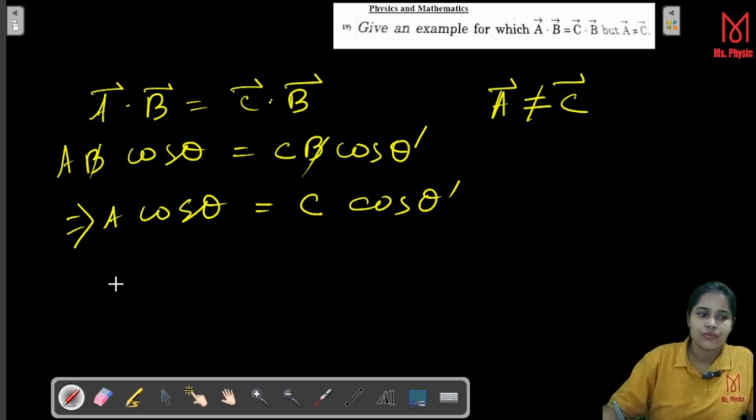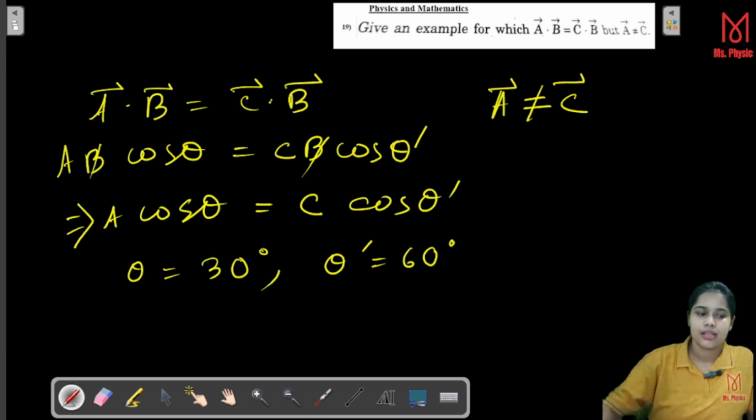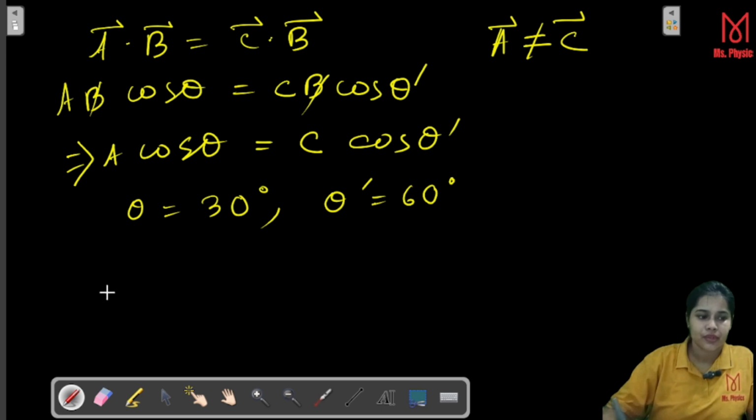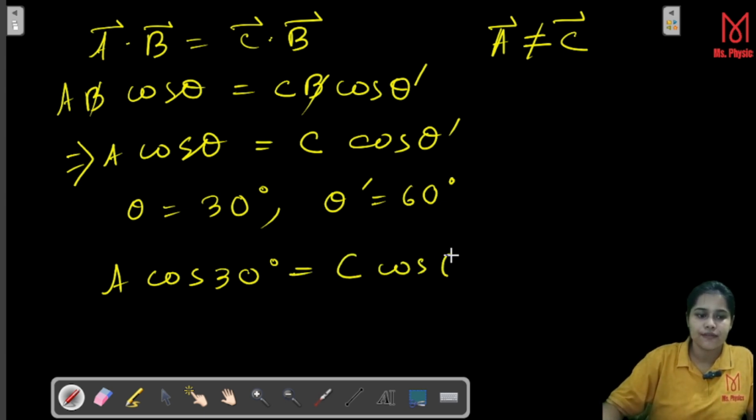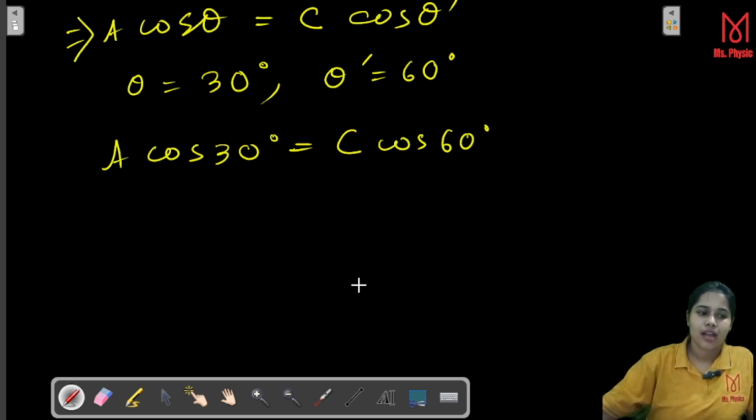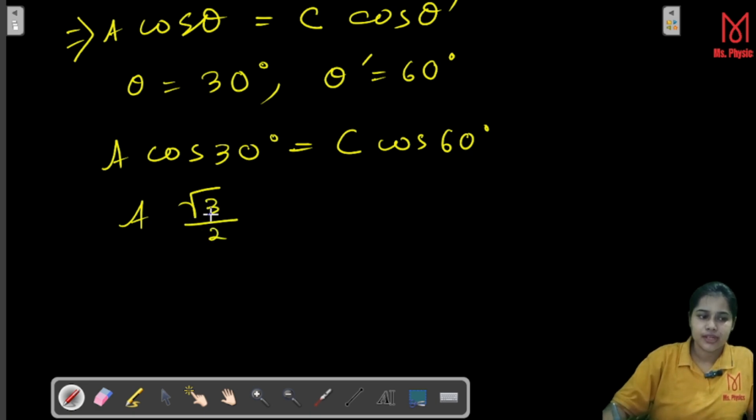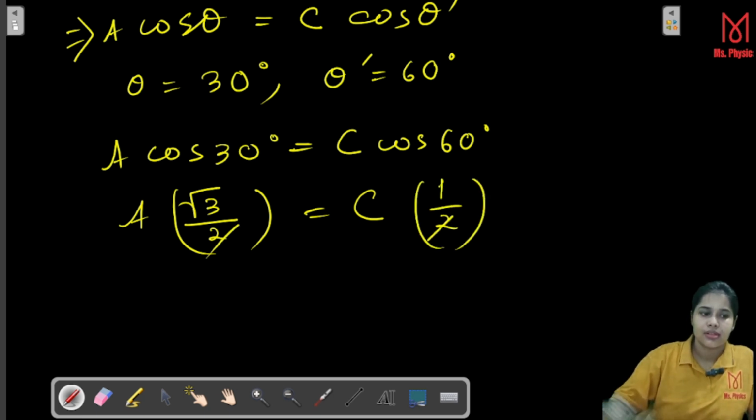Okay. Now, for example, suppose theta is equal to 30 degrees and theta prime is equal to 60 degrees. Therefore A cos 30 degrees is equal to C cos 60 degrees. Now cos 30 degrees is root 3 over 2, and cos 60 degrees is half.